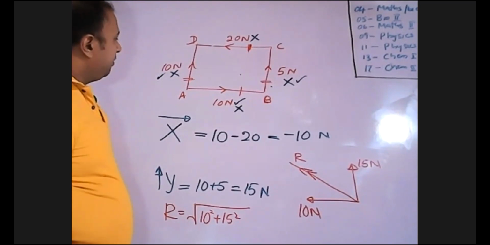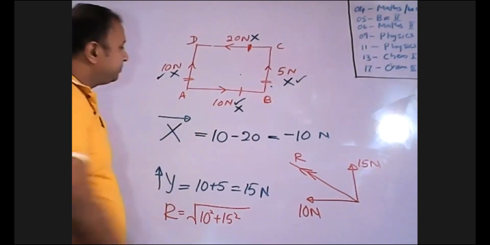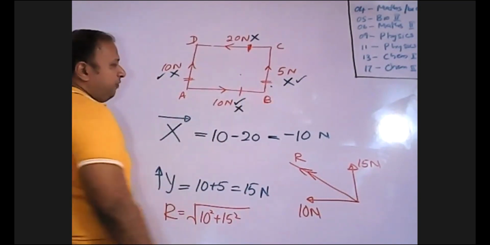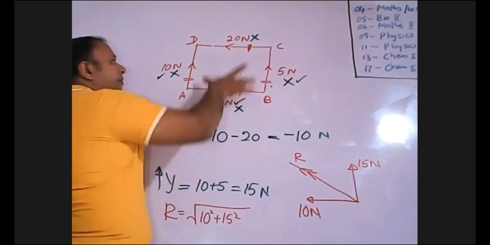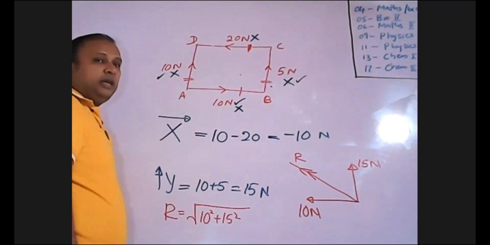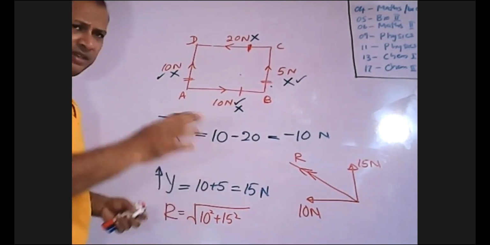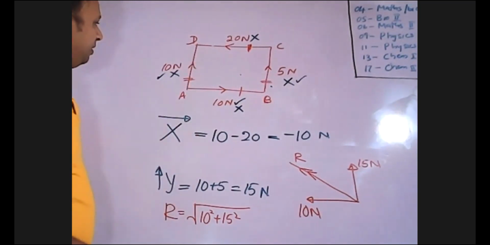But in this case, they are not represented in magnitude, no? 10, 20, 5, 10. If they are represented in magnitude, the magnitude of AB and magnitude of DC should be equal because this is a rectangle. Direction can be changed, but magnitude should be equal.